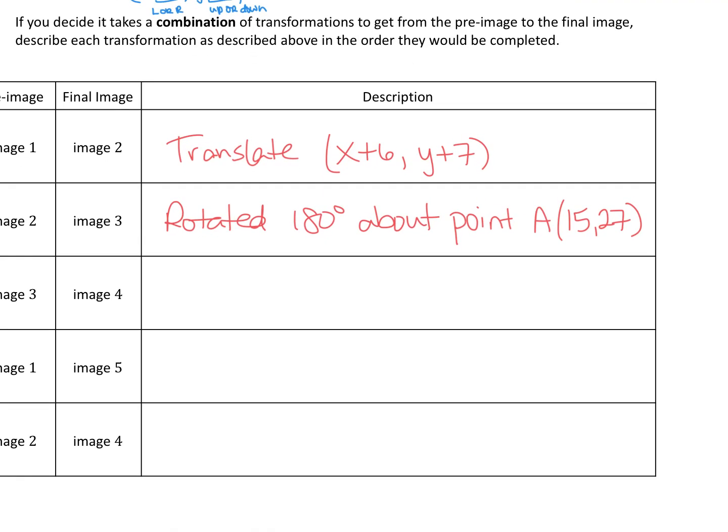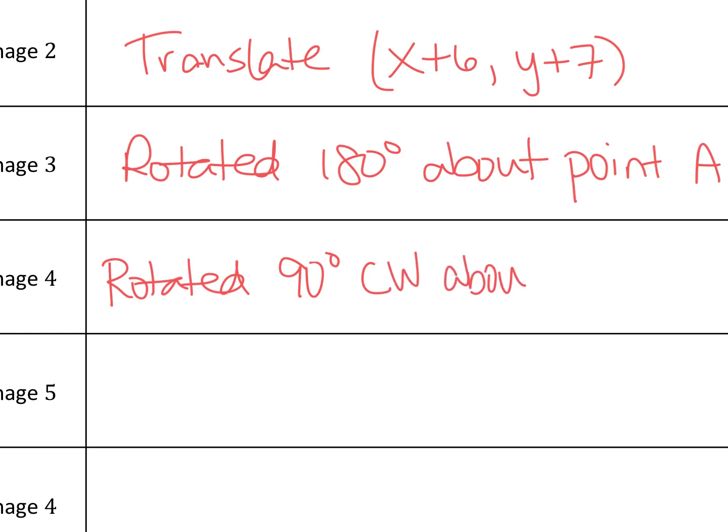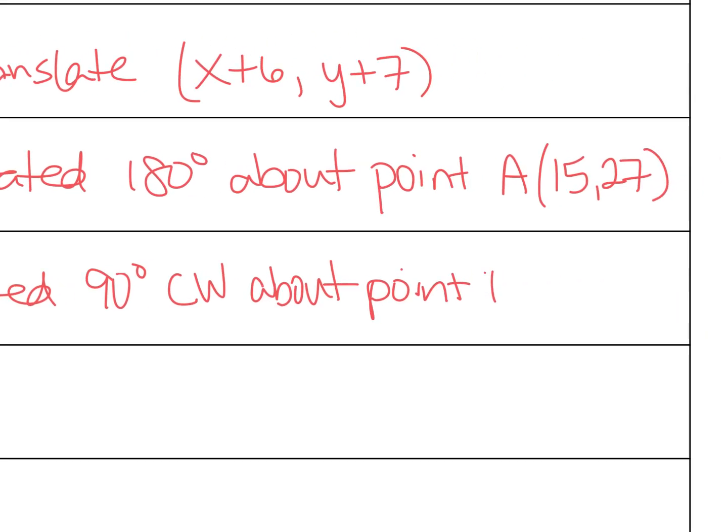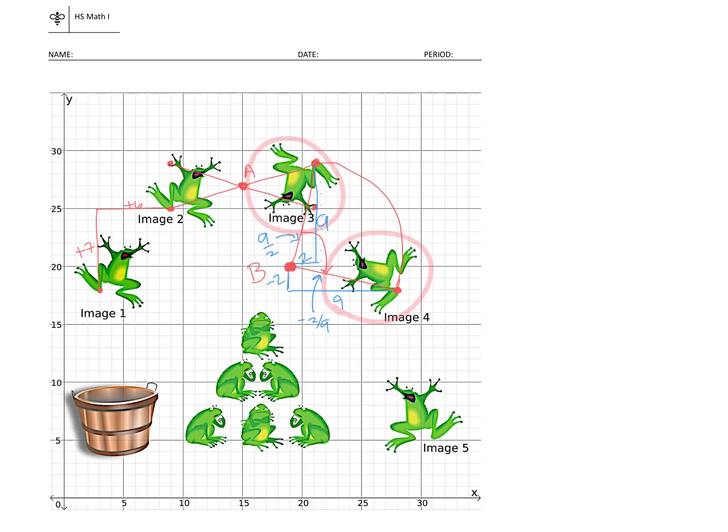So it looks like we rotated 90 degrees clockwise about point B, which was located at 19, 20. Okay. All right, let's move on to 1 to 5. All right, how do I go from 1 to 5?